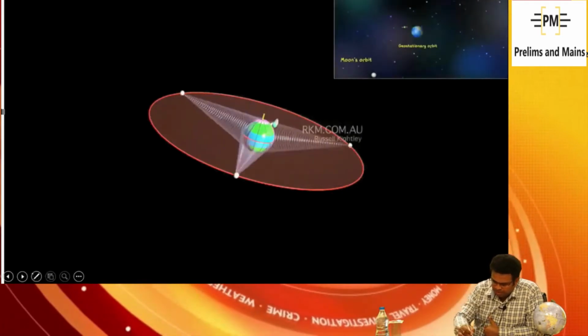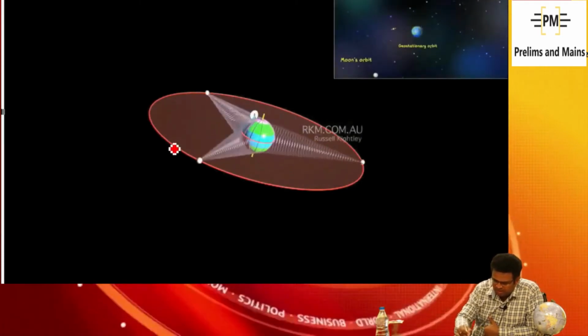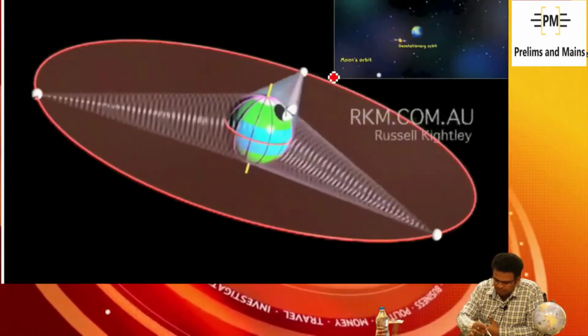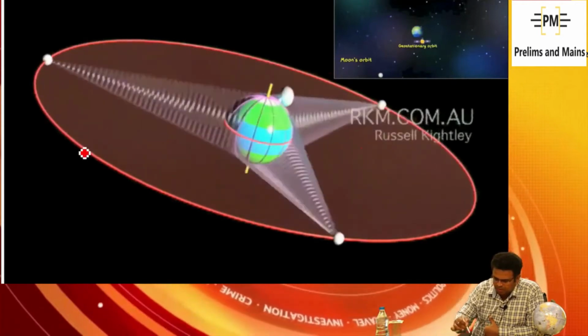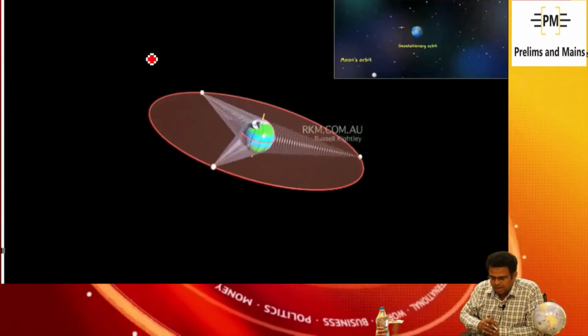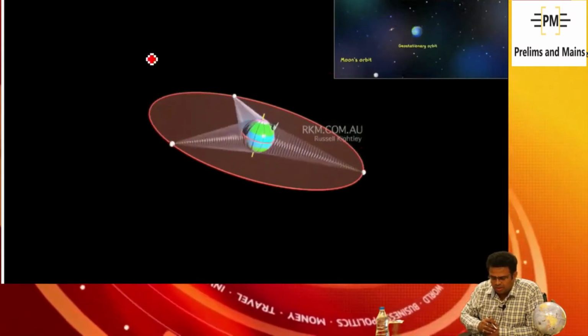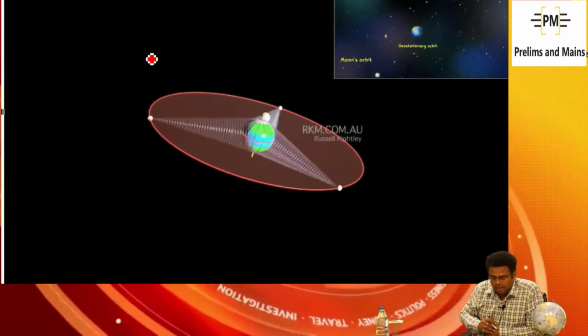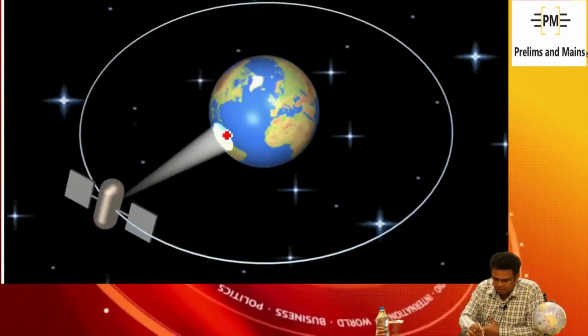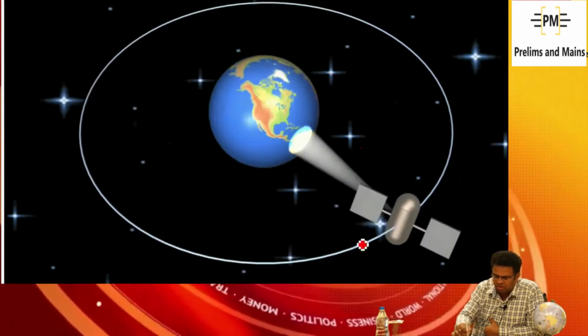Suppose these are the three satellites I am showing, above the equator. As the Earth rotates, similarly the satellite is also revolving, and with respect to a particular position it is always fixed.